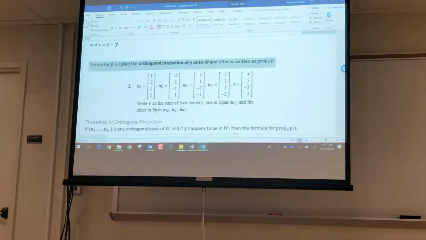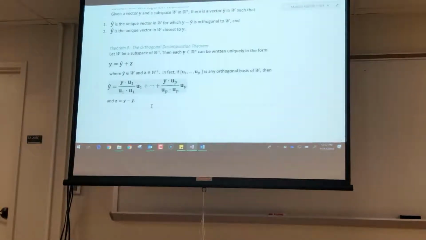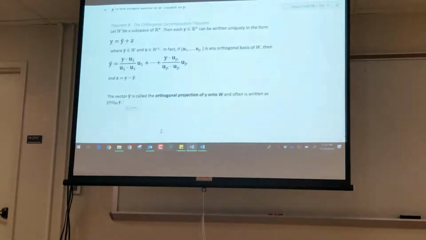So let's add that on in our notes. And if we're just talking about projecting onto one vector, then we're kind of at this formula which we learned last time. But now we're going to extend it to more. Okay? All right, so our example.